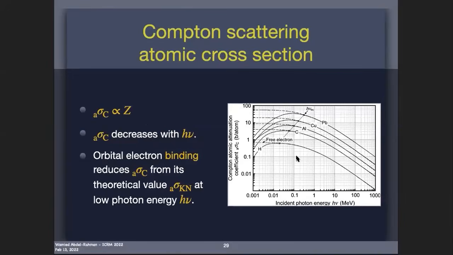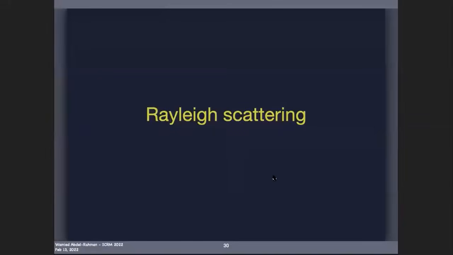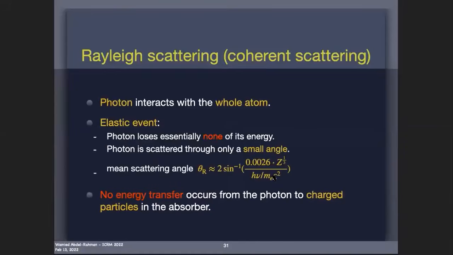In general, it decreases as the energy increases. At very low energy, the atomic cross-section is lower than its maximum value, and this is due to the binding effects of the electrons. So at these energies, not all of the electrons available in the atom can interact through Compton. Rayleigh scattering is a photon interaction with the whole atom, and it's an elastic scattering.